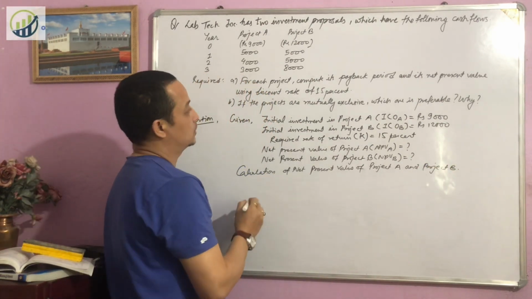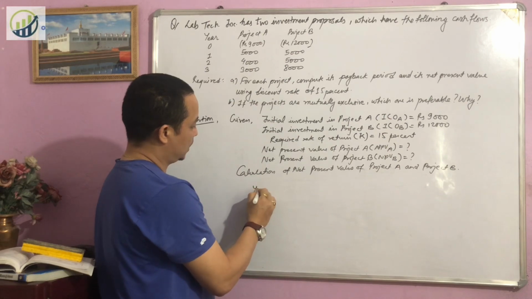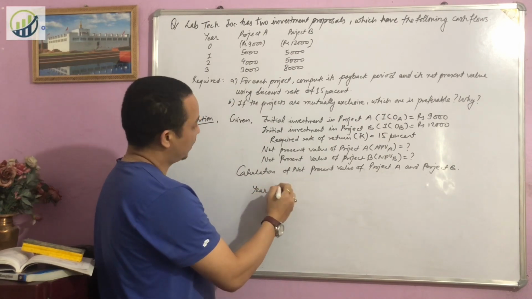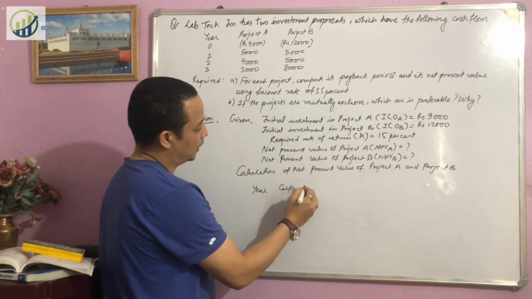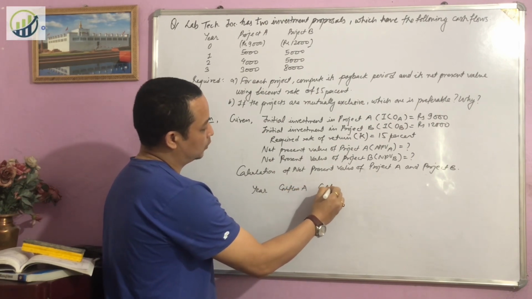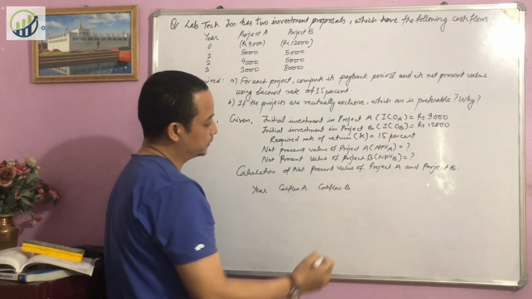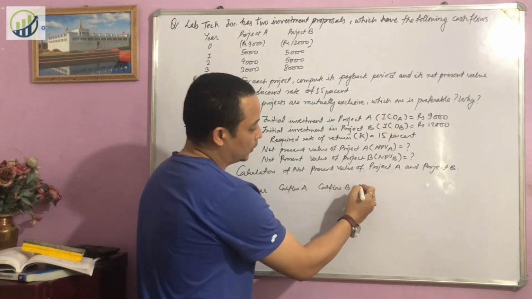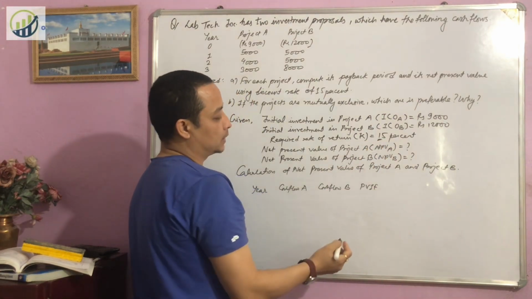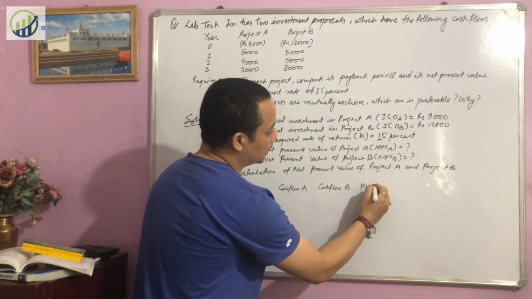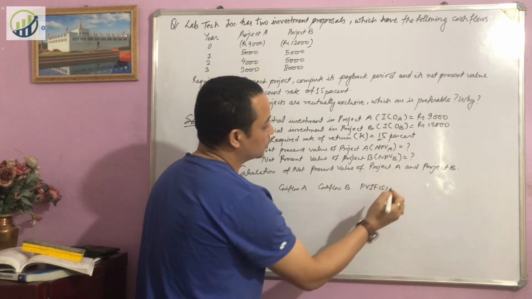So here let's first write the year, then you have cash flow of A, cash flow of project B, then you have present value interest factor, that is for 15%. You got rate of return is 15%, so the present value interest factor at 15% you have to use here.